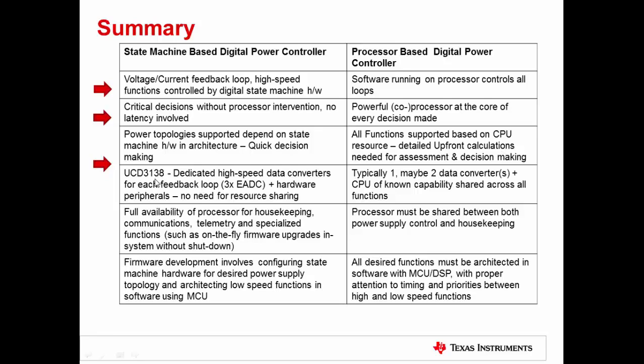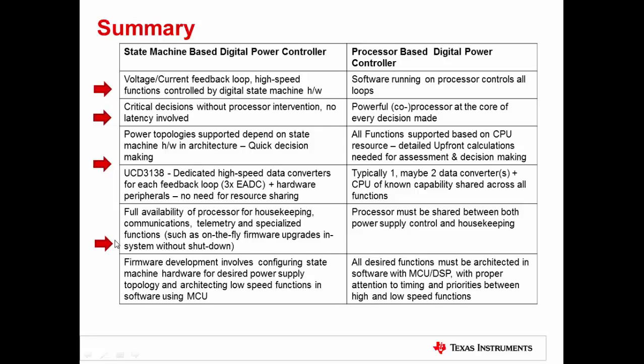With a device such as the UCD3138 that is engineered with enough hardware for independently controlling 3 loops, which don't need resource sharing, the possibilities to support many power supply topologies exist. With a CPU-based device, which typically have 1 or 2 data converters and a processor of known capability, the firmware designer and the power supply designer once again have to go through a detailed upfront decision-making process.